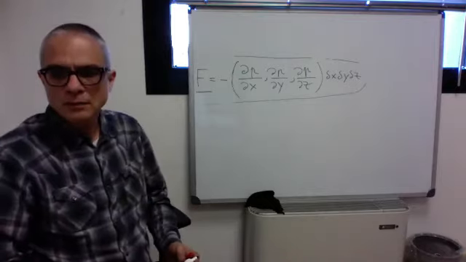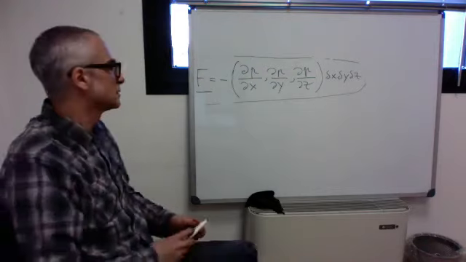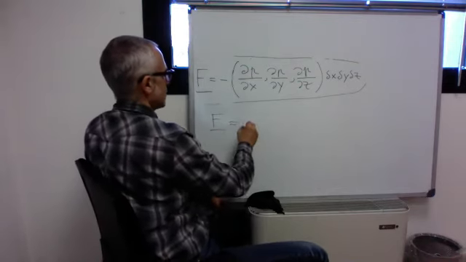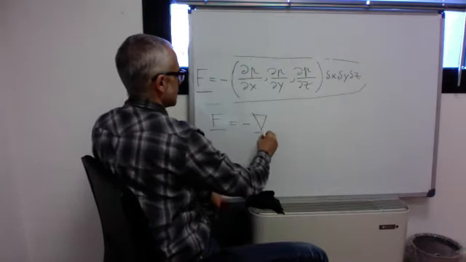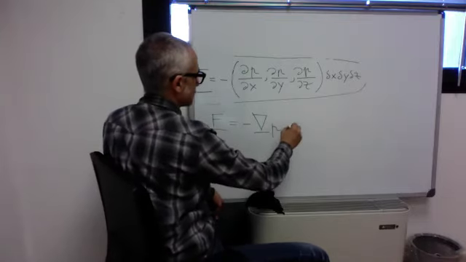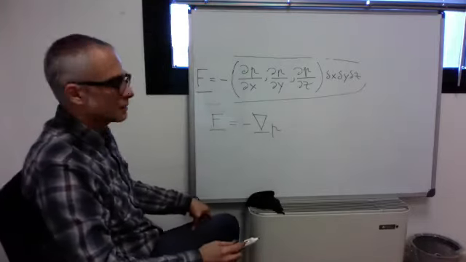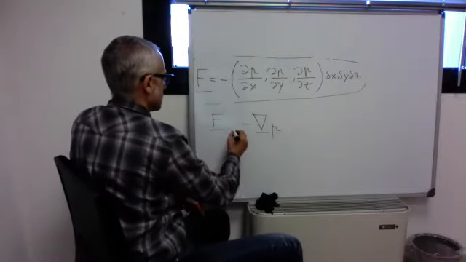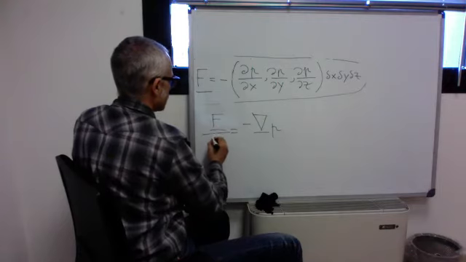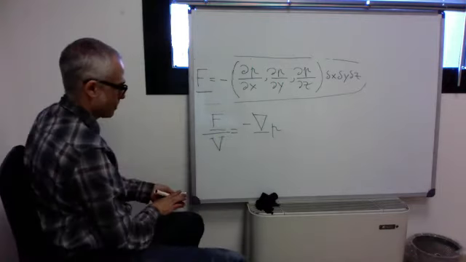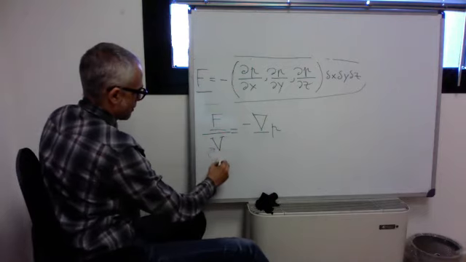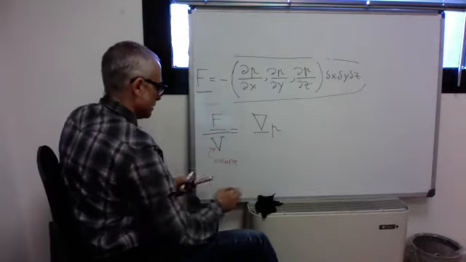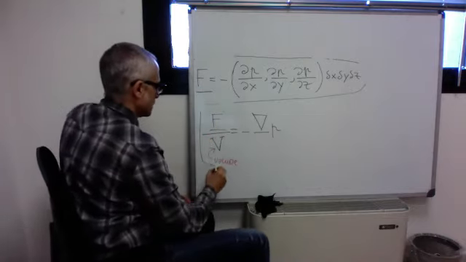So we have proved that the force, we can write it in different ways. A more compact way to write it is that the force per unit volume coincides with the gradient of the pressure in a fluid, in a gas.